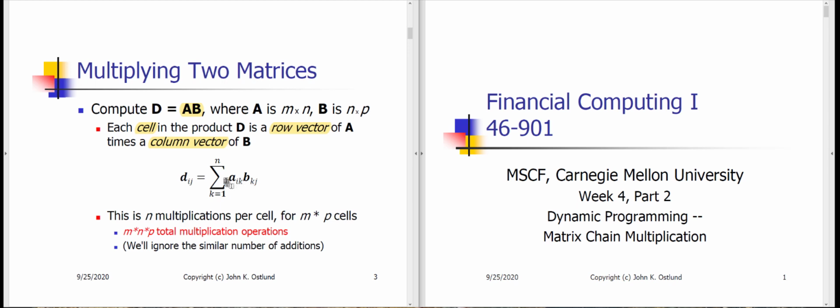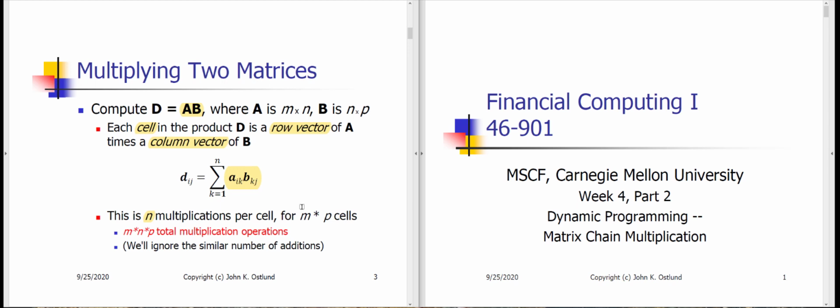Well, as we compute these dot products, we're going to perform n multiplications of the individual item values in A times the corresponding item values in B. And if we just count those multiplications, then we have n operations that we're performing for each cell.